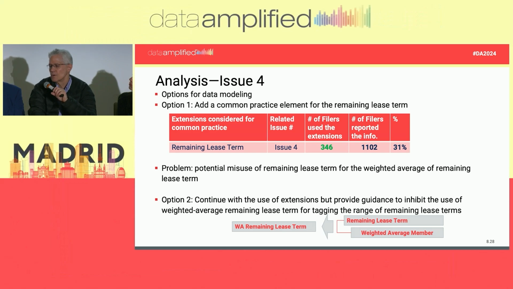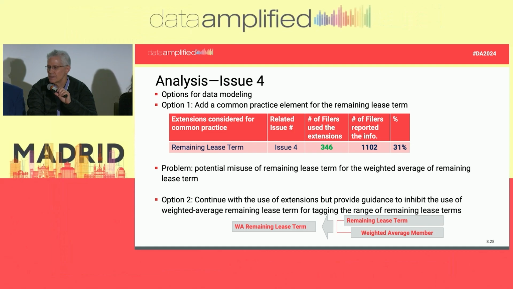And so when we looked at this, and we brought this to our taxonomy advisory group for discussion, our first option here was to create a common practice element for the remaining lease term. So this would be a duration element. So it would be looking for a date.